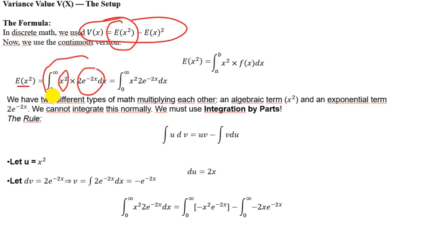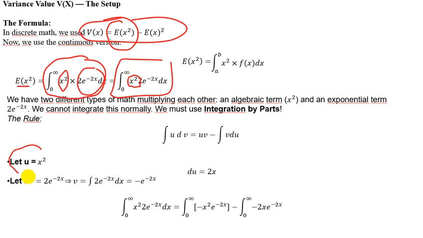We need to find the integral within the domain from 0 to infinity, and we get this. So it's the integral of x squared times 2e^(-2x) from 0 to infinity. Here we also need to do the integration by parts, because we have two different functions.